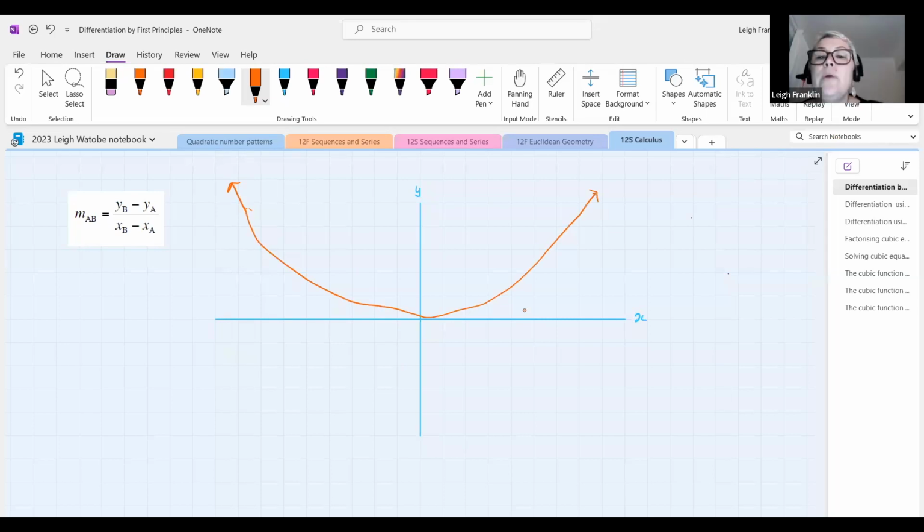Let's pretend that this is the graph of y equals f of x equals x squared.